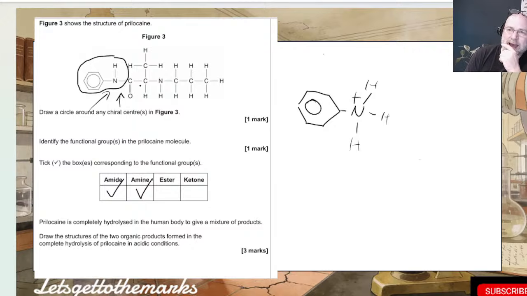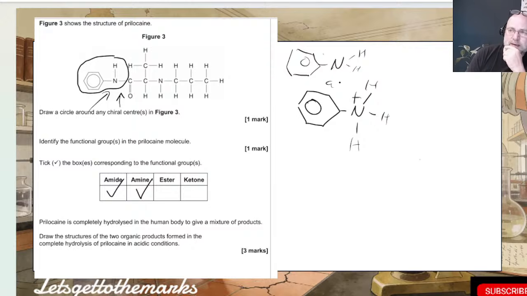So we're not just going to go back to the original amine. We're going to make a kind of nitronium ion. We're going to add an extra hydrogen. So it would have been like that originally. If we'd gone back to the original product, it would have been like that. But due to the fact that it's acid hydrolysis, we're adding an extra hydrogen, right?